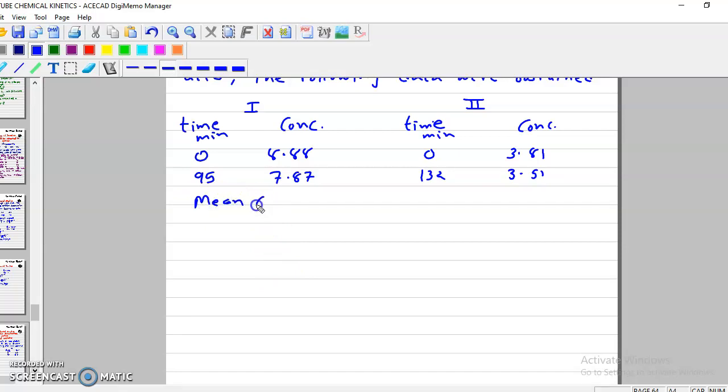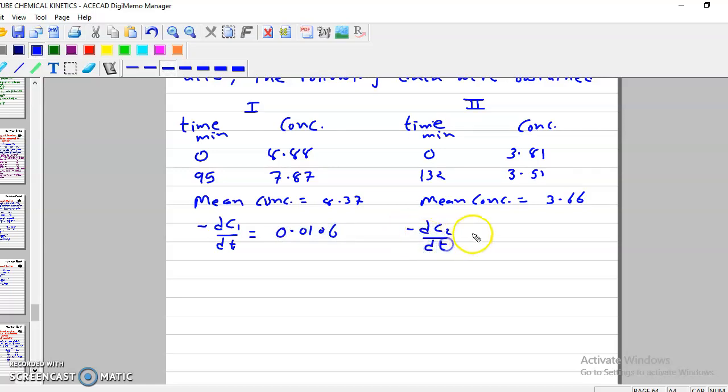For the first student it is 8.37, and for the second student, the mean concentration would be 3.66, as well as minus dC1 upon dt for the first student is 0.0106 and minus dC2 upon dt for the second student is 0.00227.